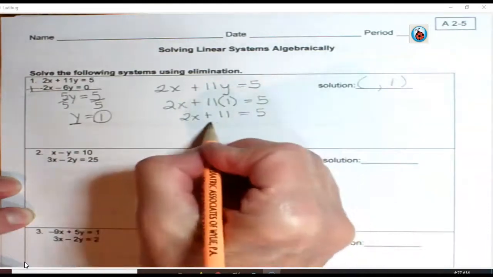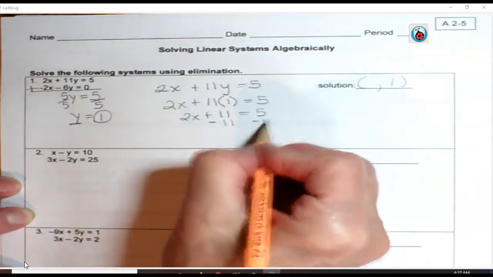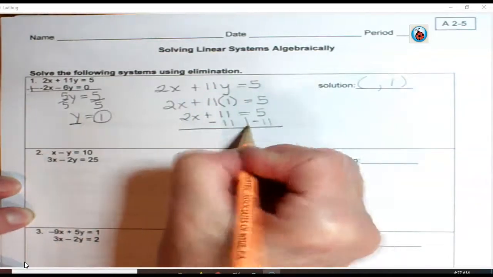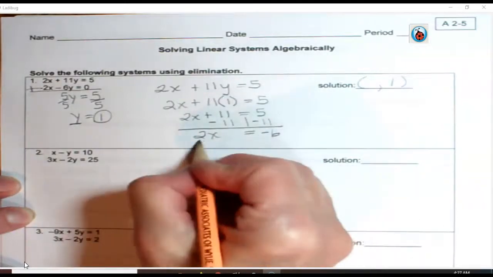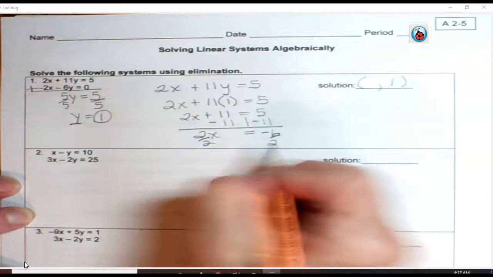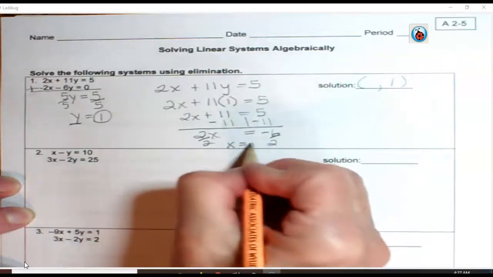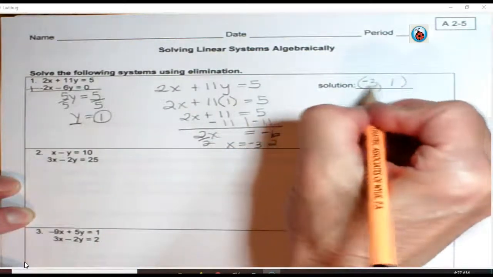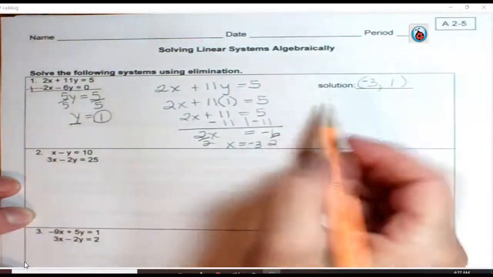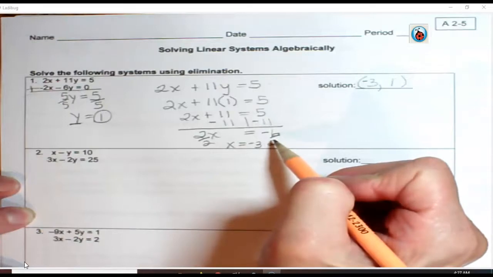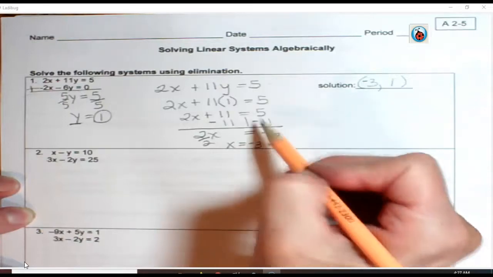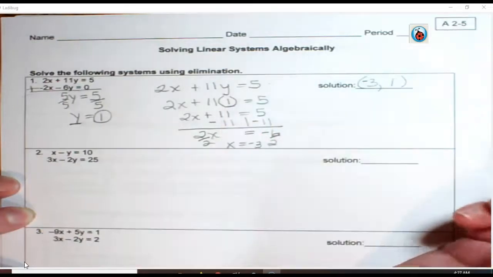Numbers to the right, so I'm going to subtract 11. Then I'm going to divide by 2. So my x is equal to negative 3. All right, this part right over here is the same as we were doing in substitution. The last step of substitution was substituting in a number for a variable.